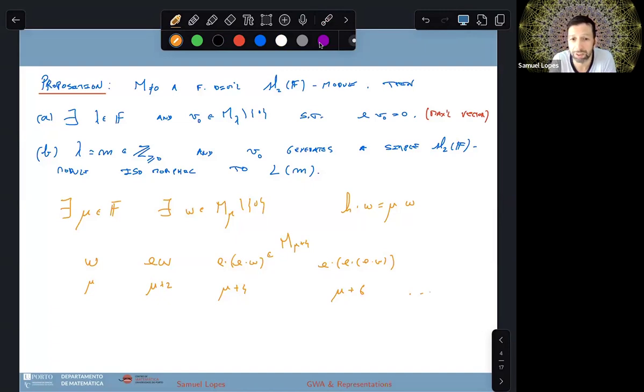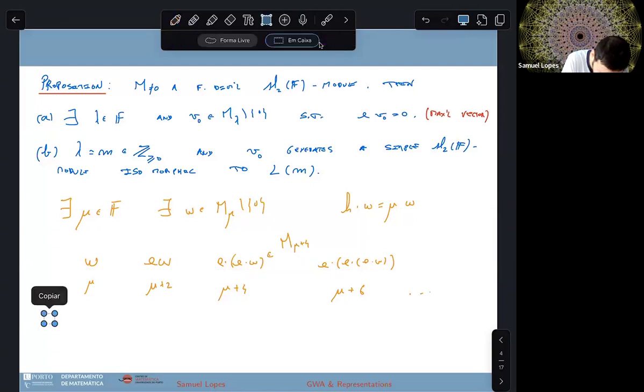And so my argument is just that these vectors cannot all be non-zero, because if they're all non-zero, they're all eigenvectors with distinct eigenvalues, so they're linearly independent, and my module would have to be infinite dimensional. So in the end, what I know is that there's a point when this is going to be 0.